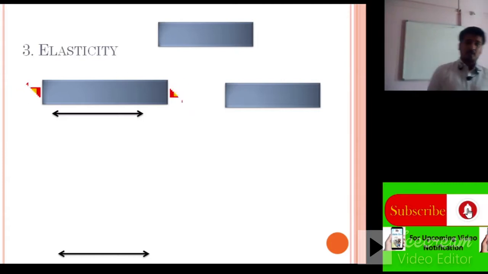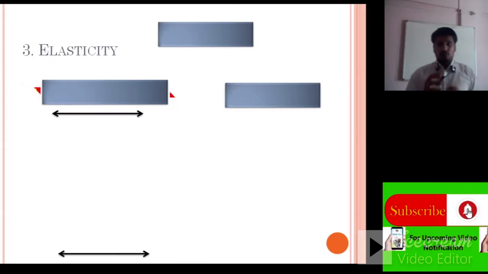Here we can assume that the length of the material increases by an amount delta L, and after a certain time when we release that load, the material comes back to its original shape and size. Here you can see that in image number 3 the material's length is similar to the original length.